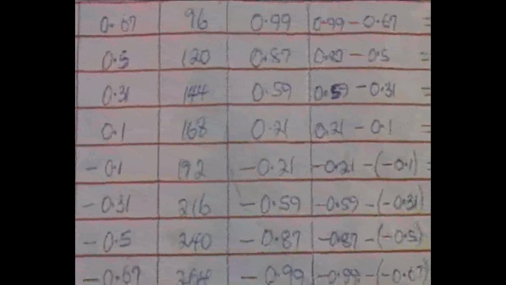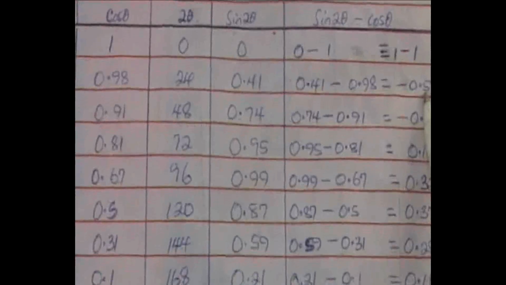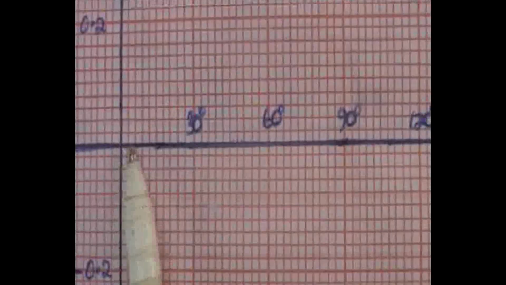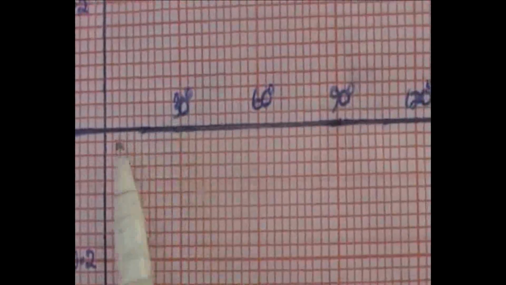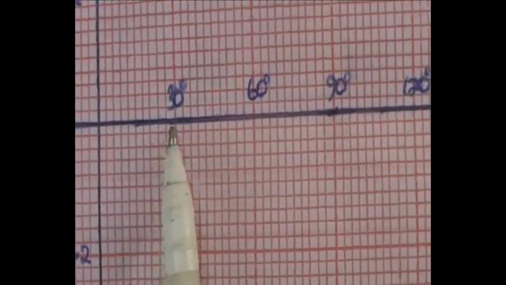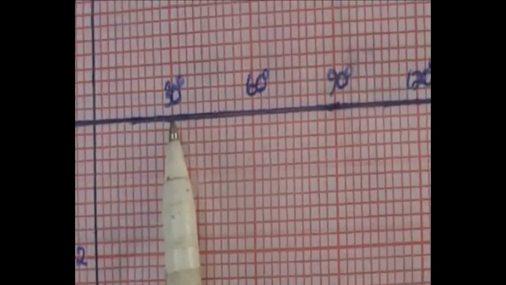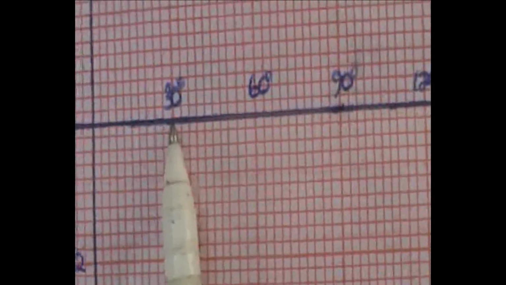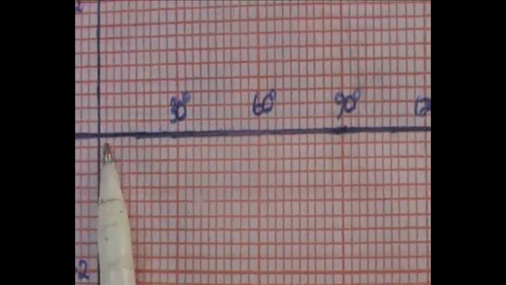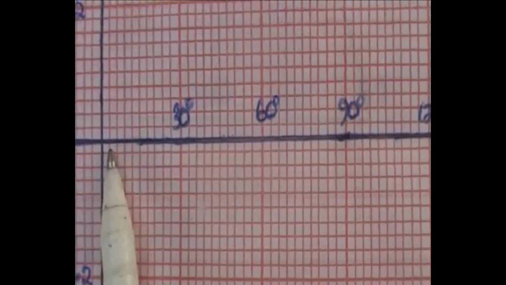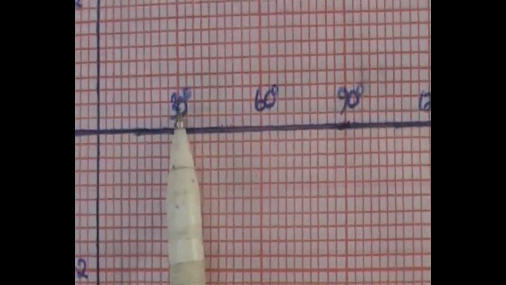Let's go back to our table of values. The second value says minus 0.57 as against 12. In this case, the distance from here to here is 30, and you have 10 small squares in between. So if you want the value of one small square, you divide 30 by 10.